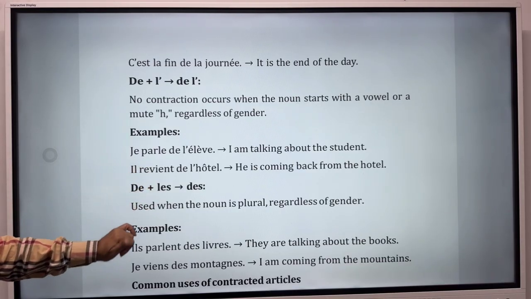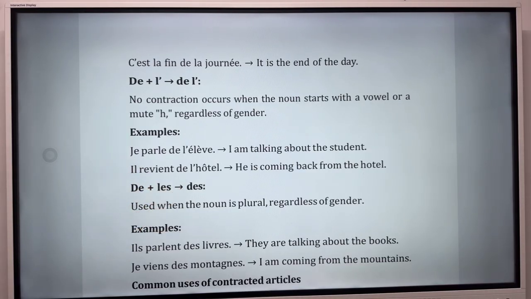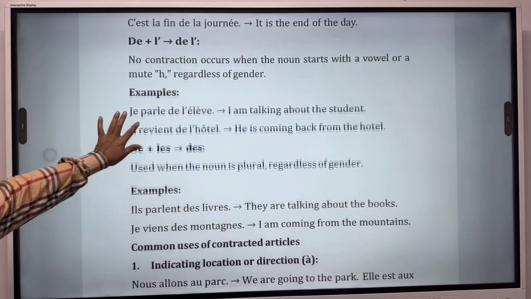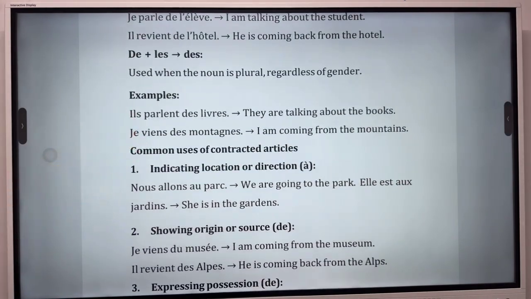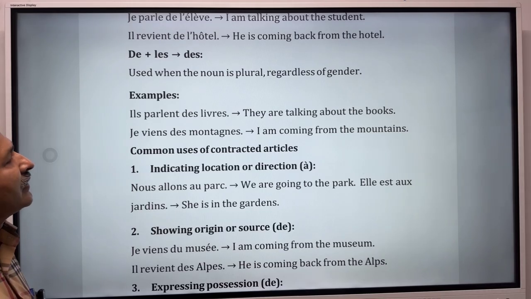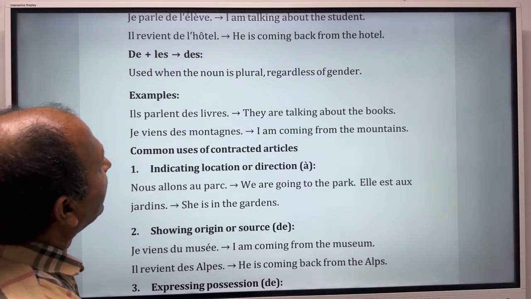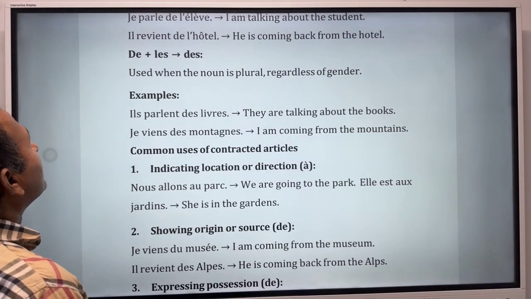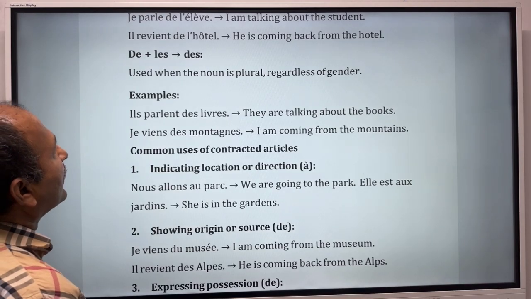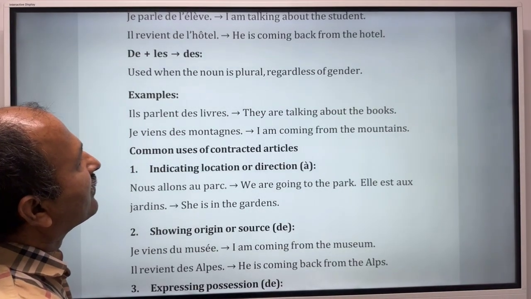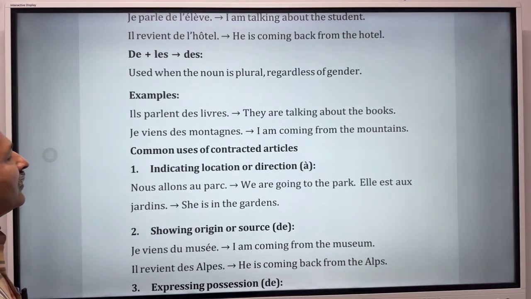The two combine to form des. Let's consider some examples. Il parle des livres. They are talking about the books. Je viens des montagnes. I am coming from the mountains.